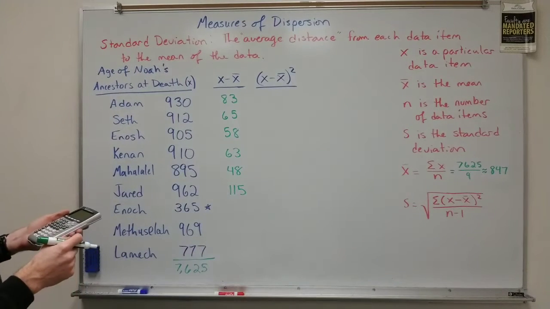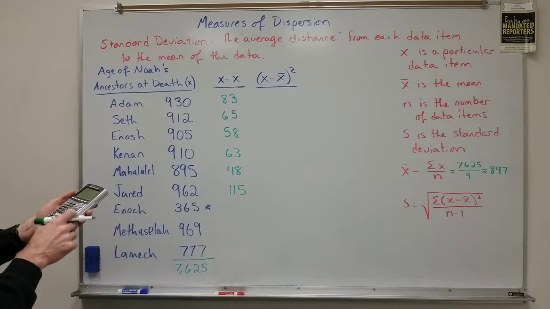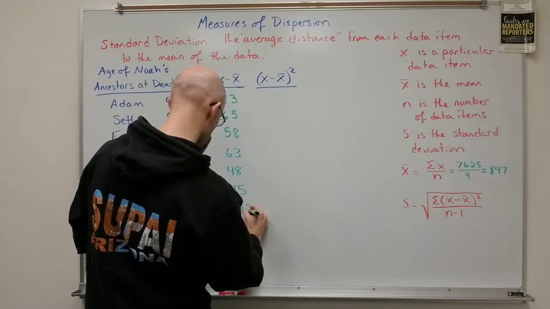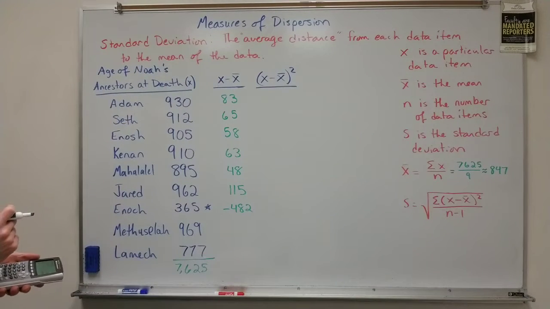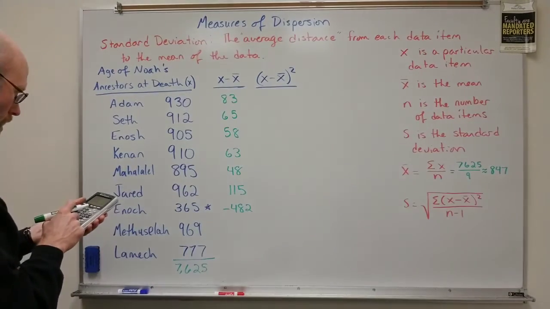All right, and then 365 minus 847 is negative 482. There's our outlier. In fact, it's the only one so far that's even below the mean. Everything else is above the mean.